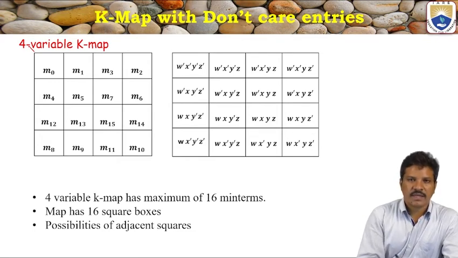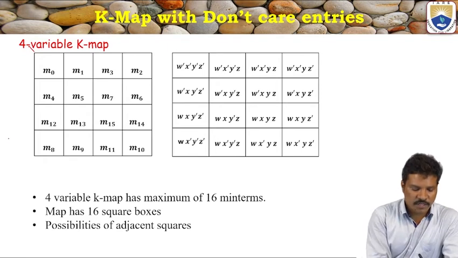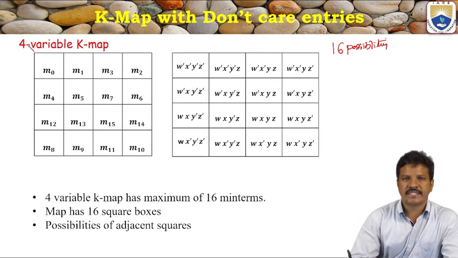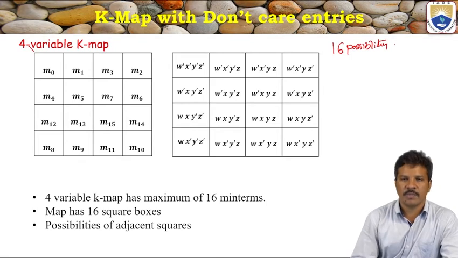Similarly, there is another way. For example, 16 possibilities, 16 minterms are there. In such a case, what will be the output?